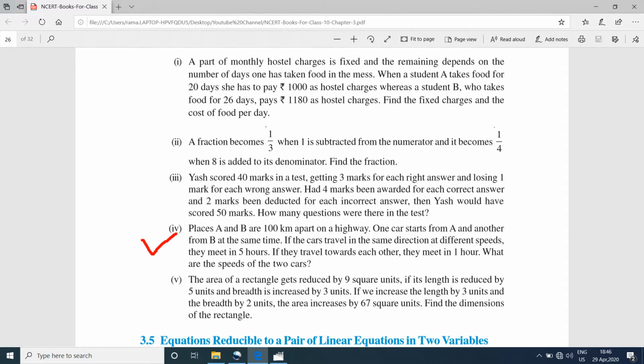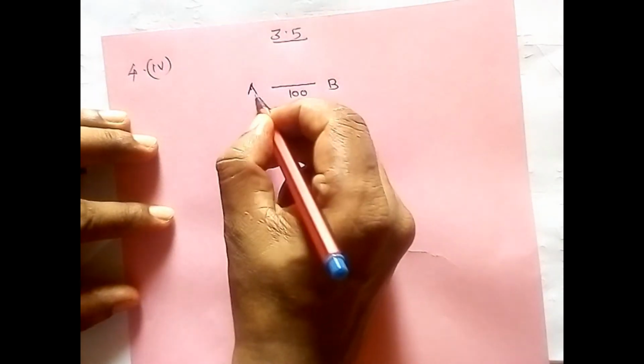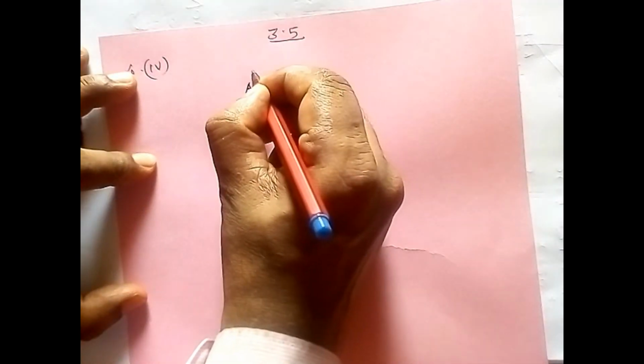Places A and B are 100 km apart. So we have two places A and B. They are 100 km apart. One car starts from A and another from B at the same time.